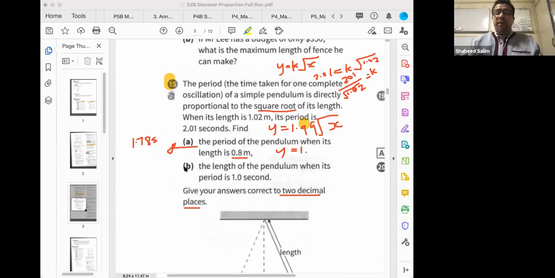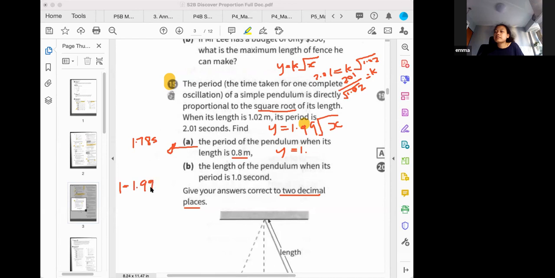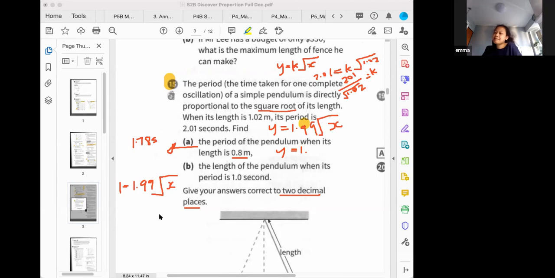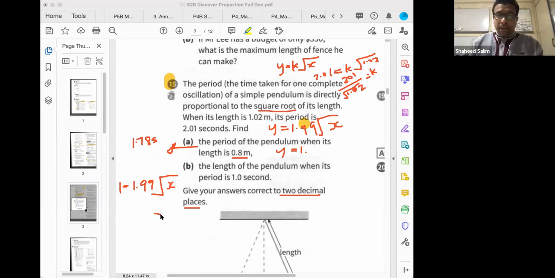So now you try the other one. They want to find the length of the pendulum, so they want to find x now. You write again the equation, y equals 1.99 square root of x. After that, square root. So you know how to do, huh? I divide by 1.99 here, I cancel 1.99, so it becomes 1 divided by 1.99.